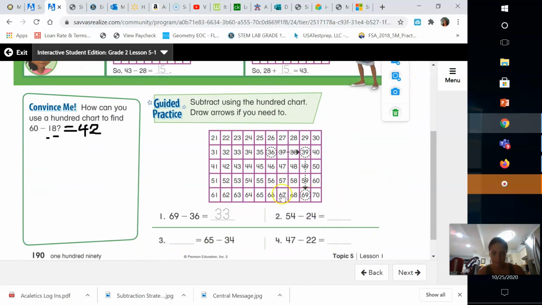Now, it starts with this one. 69 minus 36. So up the tens, 1, 2, 3. There's 3 tens, and we're going to go back 6 ones. I don't know why it only went back 3 ones. I don't know what it was doing.